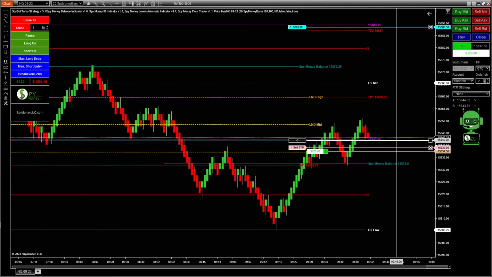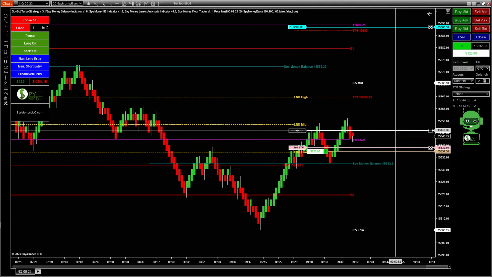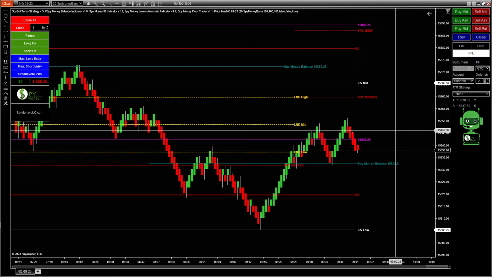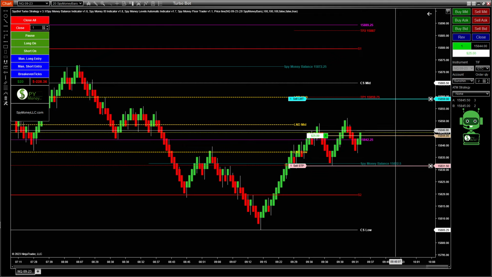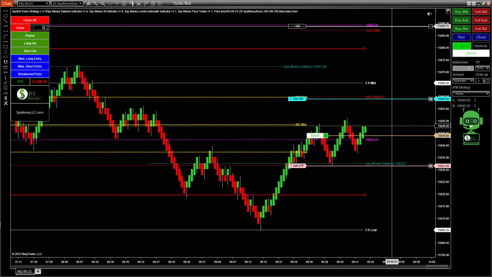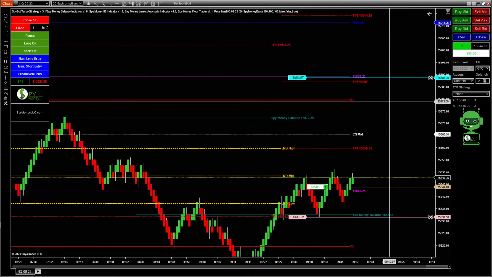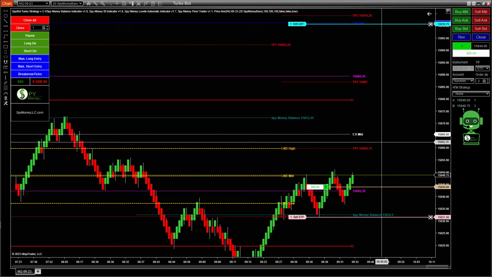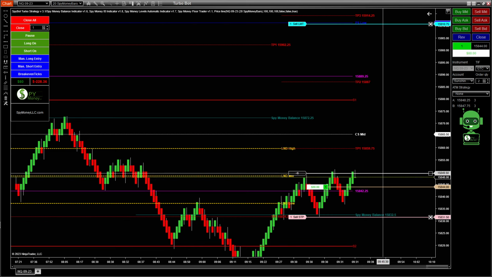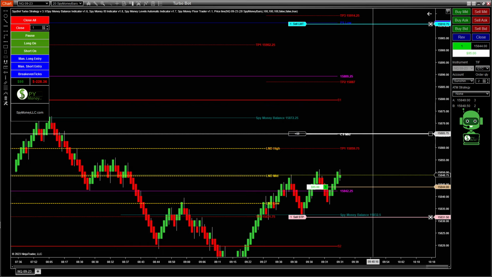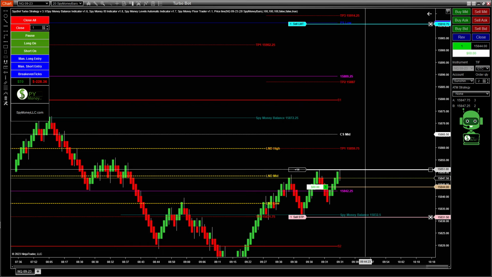I'm going to put a break even in just in case. We'll move this up to the PS low. That's previous session, yesterday's low. It may blow right on through these levels. So we'll let it go right on up through there.